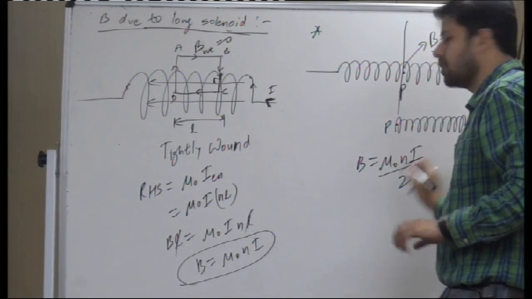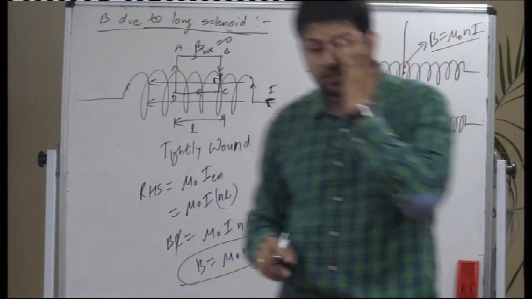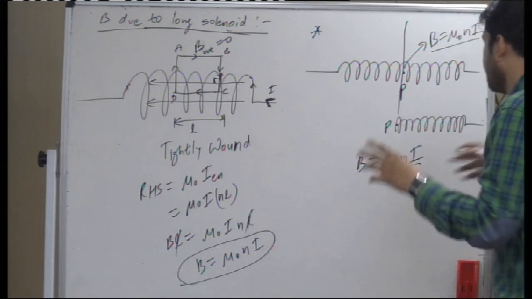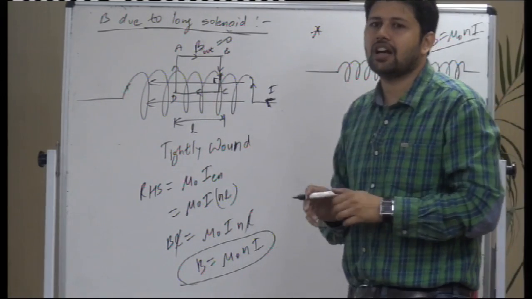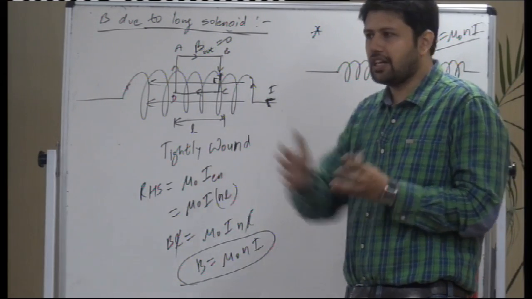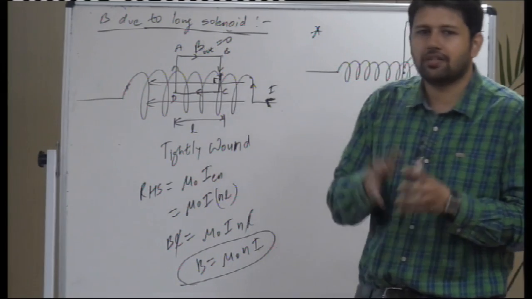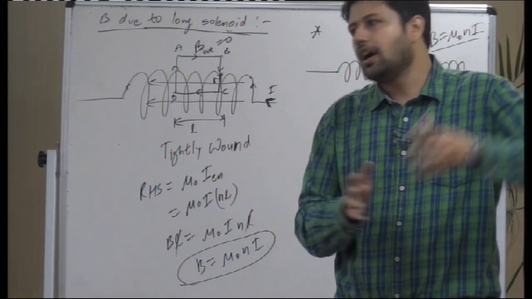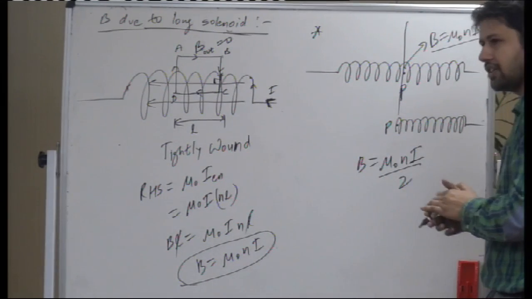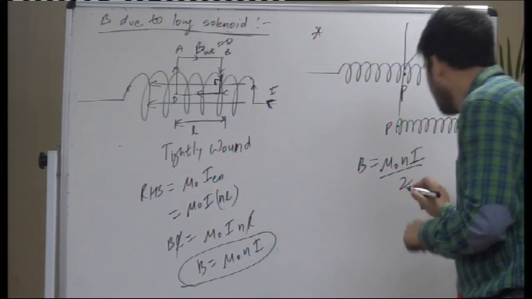So the magnetic field at the corner is always how much? Mu naught NI by 2. Since every large solenoid can be considered as one half of a double sized solenoid, for every possible solenoid this is the field at corners.